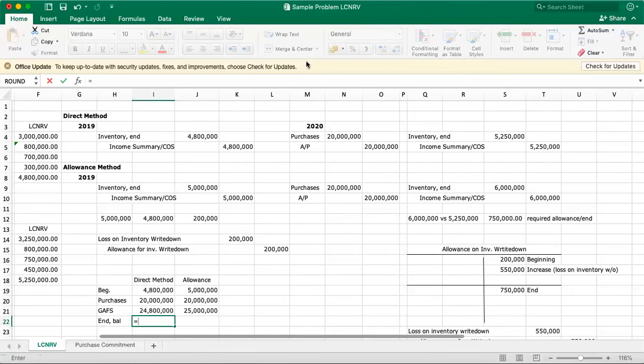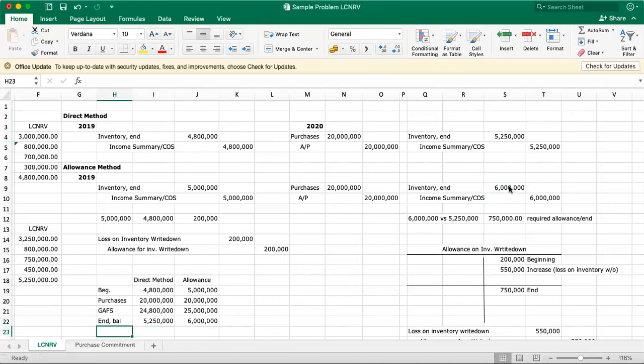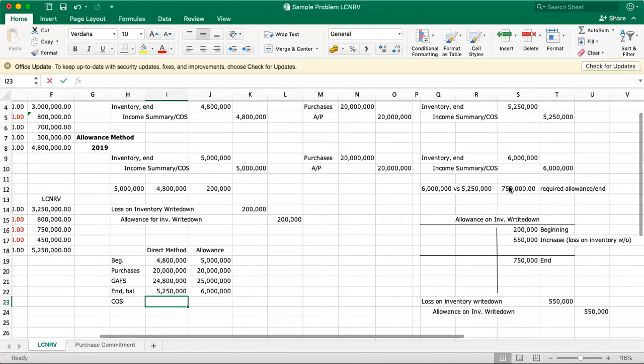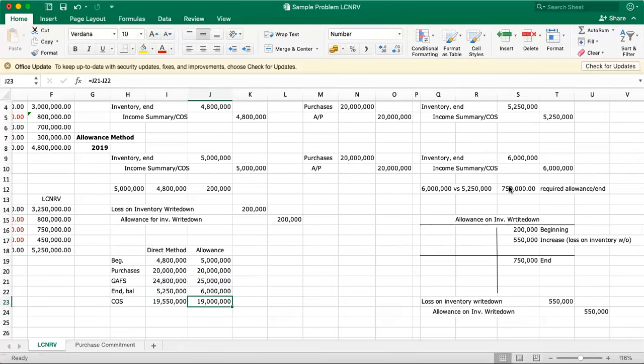Under the direct method, you have 5,250,000. Diba? 5,250,000. In there, you have 6 million. So, cost of sale, you have 19,550,000.